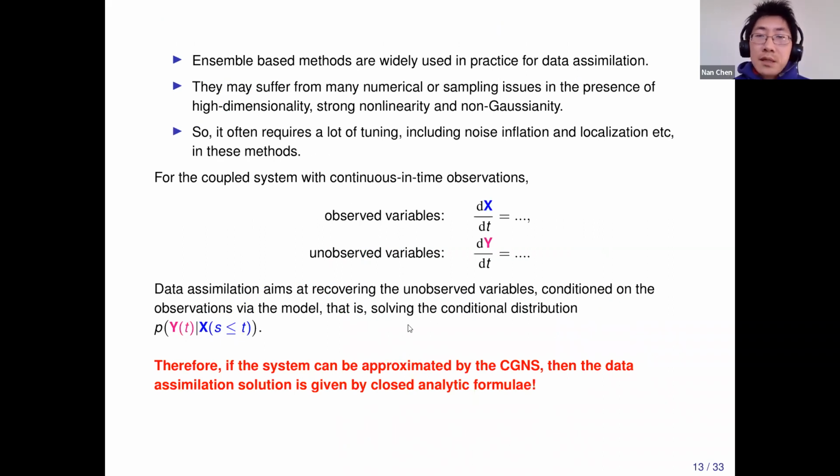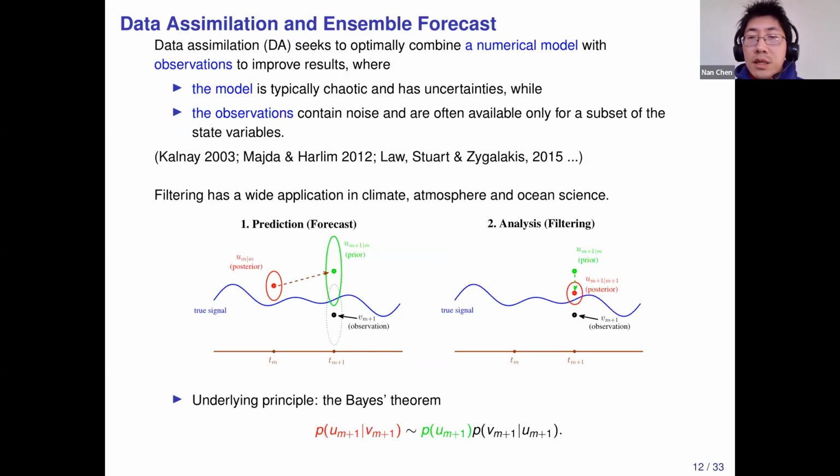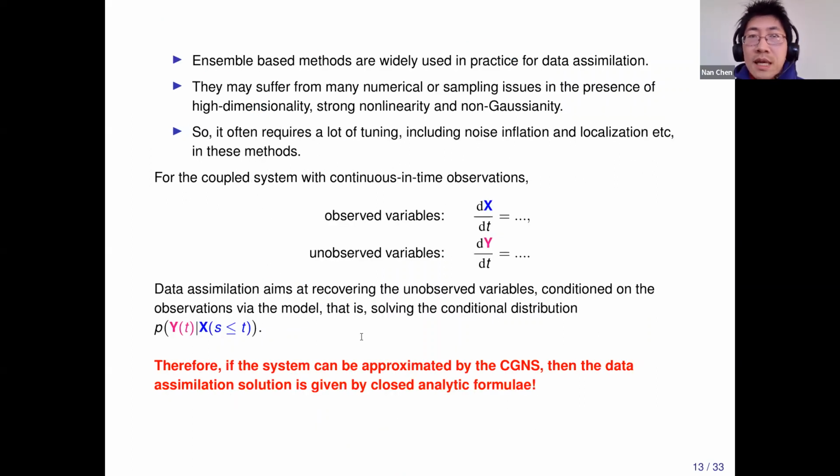However, despite the very simple mathematical formula, in practice, as we know, if we want to solve this distribution in a very high-dimensional space, it's almost impossible analytically, unless you have a Gaussian distribution. So usually in practice, we use ensemble-based methods.